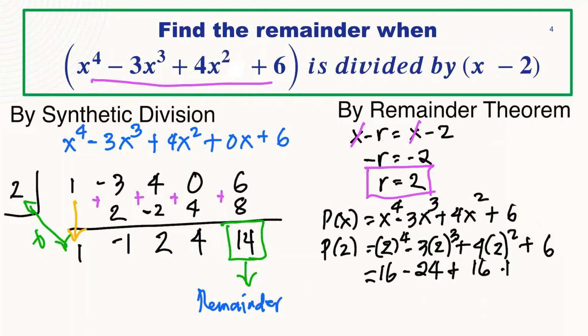And plus 6. So we have 16 minus 24 is negative 8, plus 16, that's positive 8.